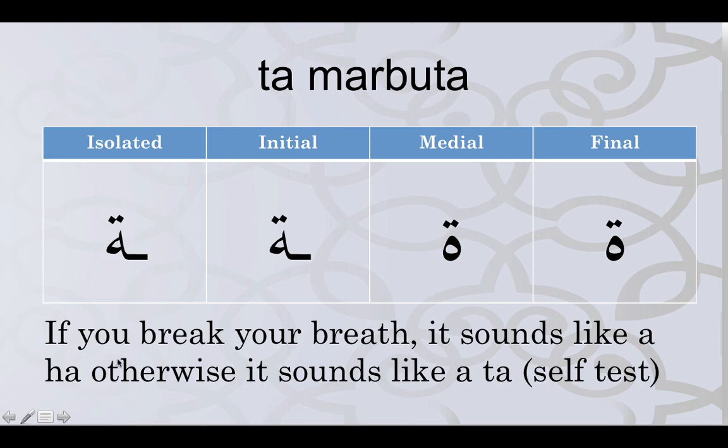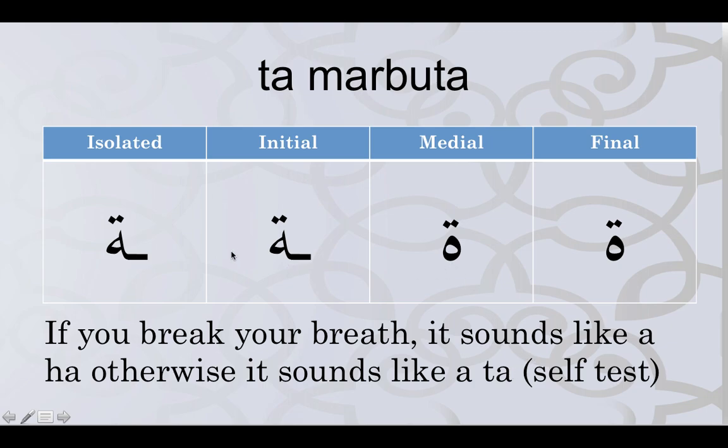Just one thing to remember, I'm going to put this on the self-test: when you're reciting the Quran, and if you break your breath, basically you have to stop in order to breathe, even though it's a ta with two dots on it, it sounds like a ha when you break your breath. But if you don't break your breath, it sounds like a ta.